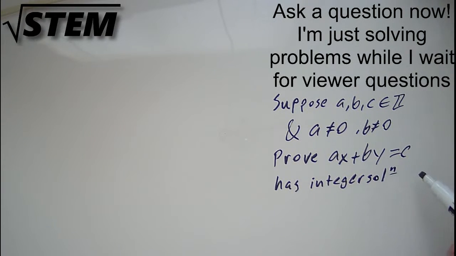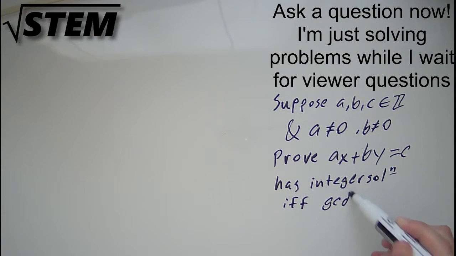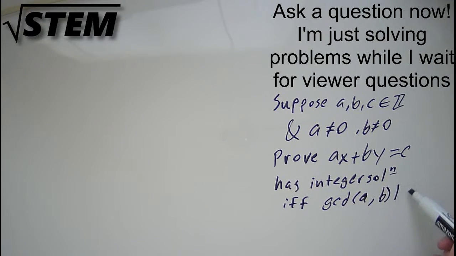Using the shorthand I learned from my teachers: if and only if the greatest common divisor of A and B divides C. That's kind of a lot of problem statement.